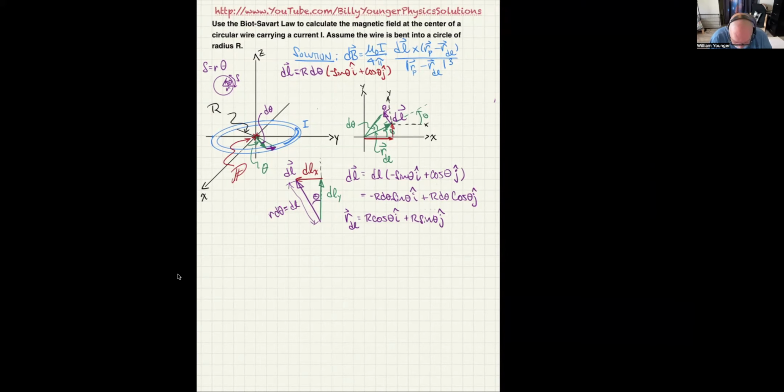So now you can see from that diagram we got R dl as well as dl. I should point out that this quantity right here is a fairly important one that you'll use in future coordinate systems if you ever take dynamics, statics, or you continue on in physics. It's called the theta hat direction, and cosine theta I hat plus sine theta j hat, that's actually what we call r hat.